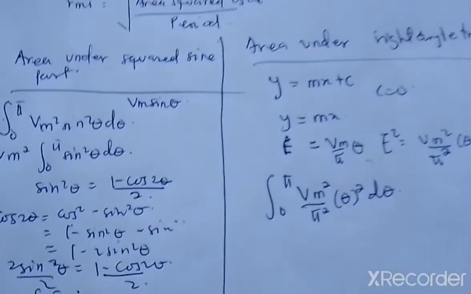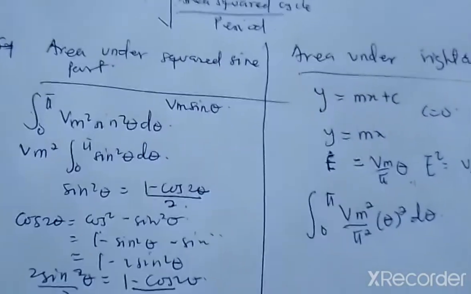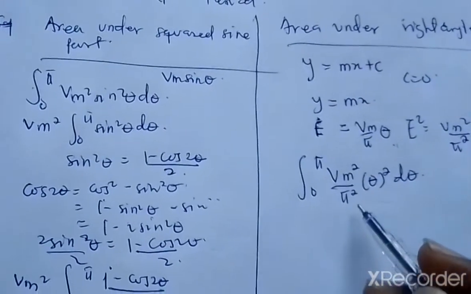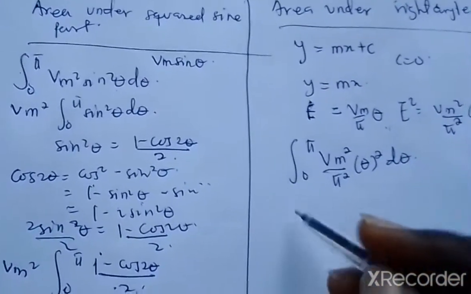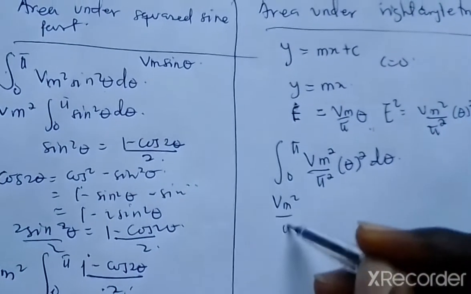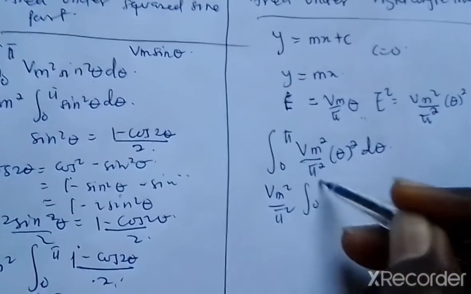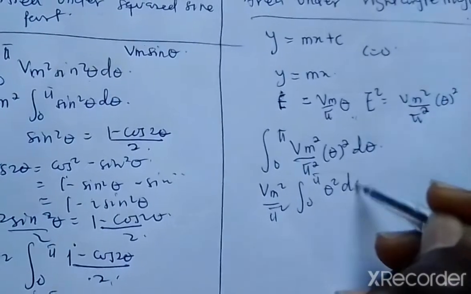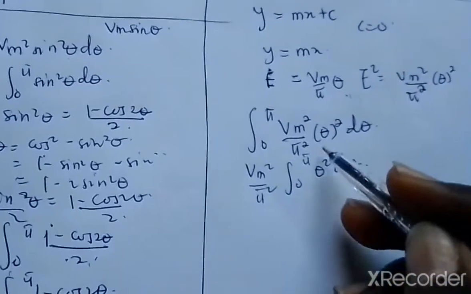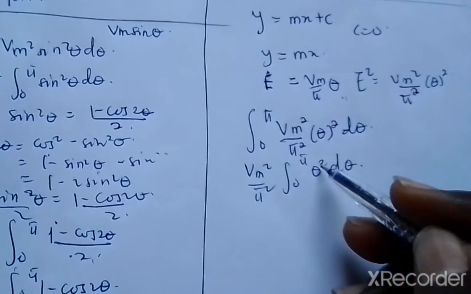So if you have this, you go on with your integration. You know that Vm squared over pi squared are all constants. You bring them out so that you get Vm squared over pi squared integral 0 to pi of theta squared d theta.